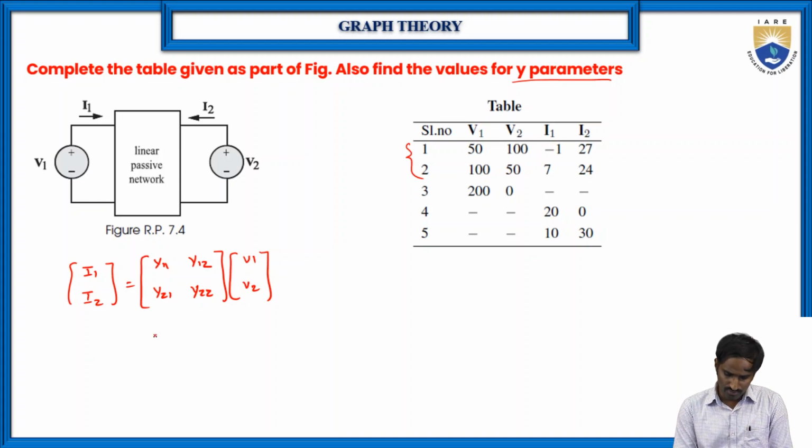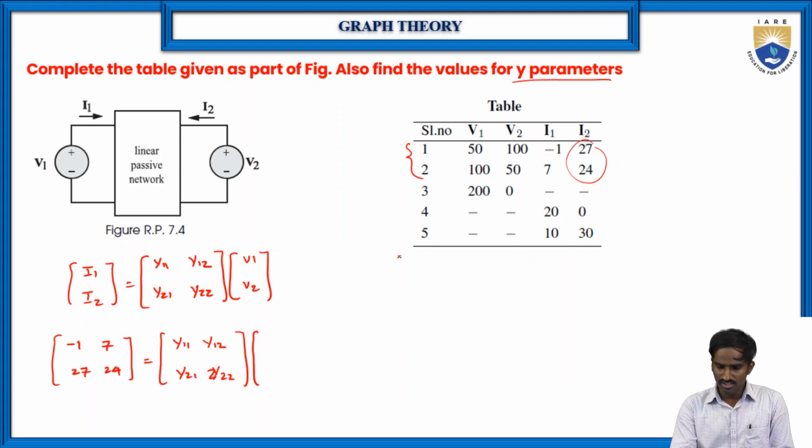So to find the y parameters, here the first case for the currents is -1 and 7, and again in the second set it is 27 and 24, which is equal to y11 and y12, y21, y22, into the voltages, which are 50 and 100, and similarly 100 and 50.